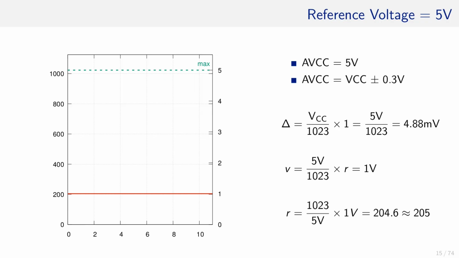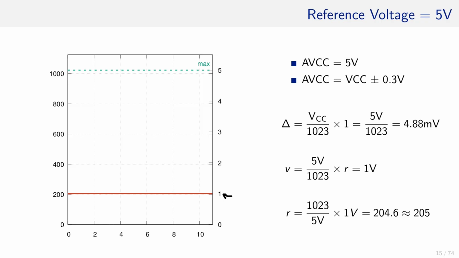If 1 volt is given to the ADC, it will return its integer representation. In this case, despite the correct value would be 204.6, it needs to be rounded up to 205, introducing an error of approximately 2 millivolt.